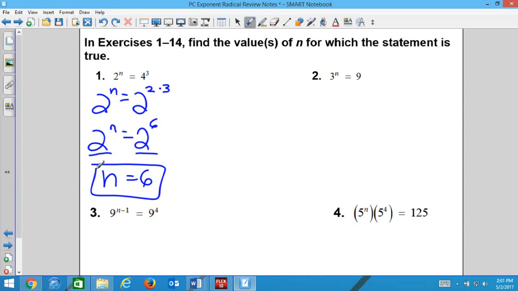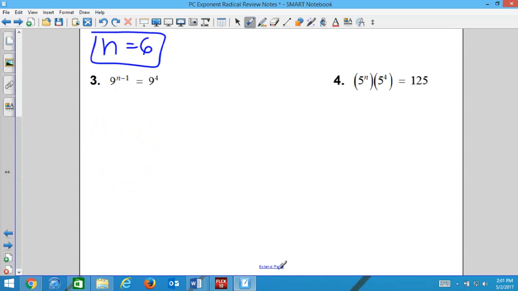Next one we're going to do is 4. What big number, what base, should we make both sides? 5. So this side is going to be 5 to the third.